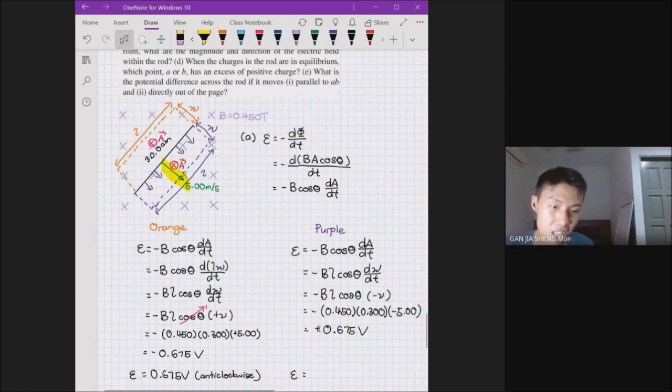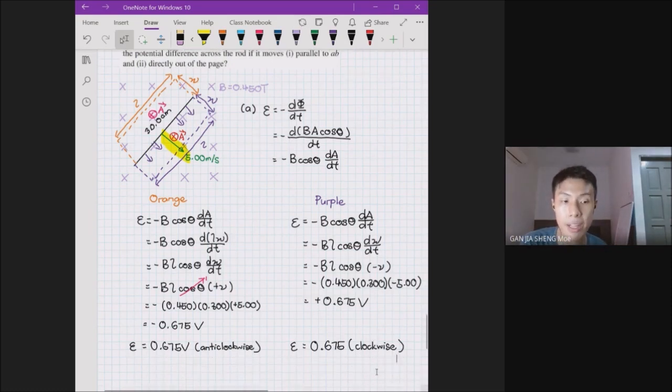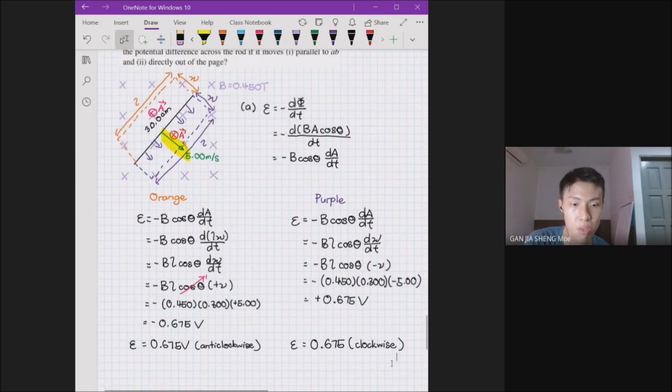So that means that your answer will be in the opposite direction to the orange loop. Okay, I'm scared I'm confusing you all. But because it's a positive answer, the fingers curling around clockwise will straight away be the answer. You don't need to flip the direction anymore. The answer that you get for the purple loop is clockwise. The answer that you get for the orange loop is anti-clockwise.